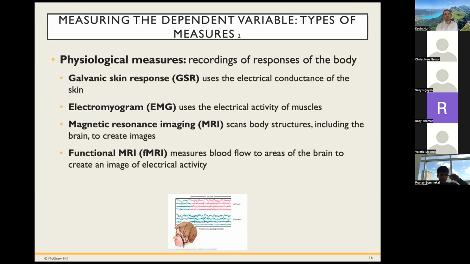But it's also useful for scanning the brain and seeing how the brain is structured. A basic MRI doesn't say anything about the activity going on in one's brain. An fMRI actually measures blood flow to different areas of the brain.